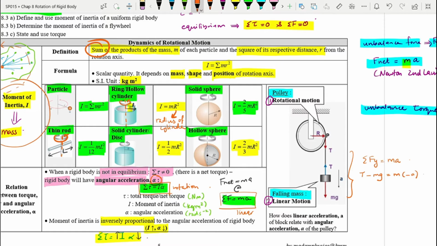Okay, so sama juga kita akan apply konsep yang sama untuk rotational motion kat sini. Tapi kita akan gunakan torque equals to I alpha. So torque tak ada x, tak ada y, so dia hanya torque equals to I alpha. Dan kita kena tahulah alpha kita rotate. Objek kita tu rotate clockwise ataupun anti-clockwise. Tapi kalau kita tengok pada situation ni, dia akan rotate begini, which is in clockwise direction.